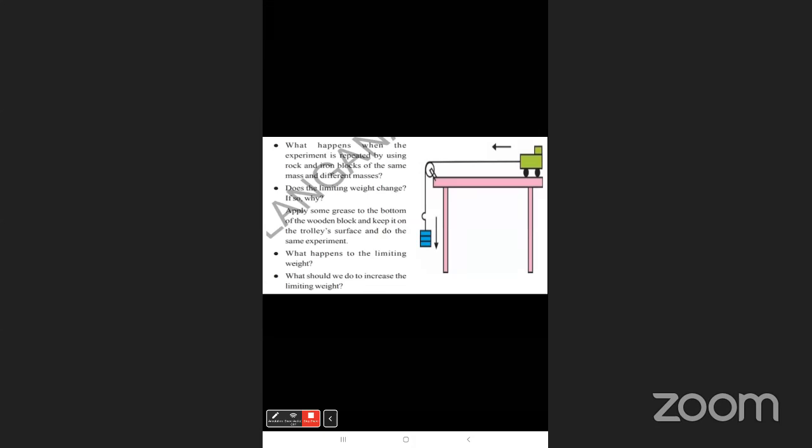Now, here, what happens when the experiment is repeated by using rock and iron blocks of the same mass and different masses? Yes, here when we are using the rock and iron blocks of the same mass and different masses, as per this, rock and iron blocks are flat and make more contact with the surface.